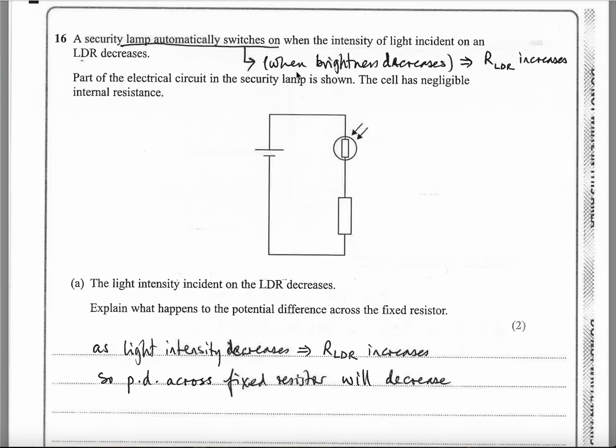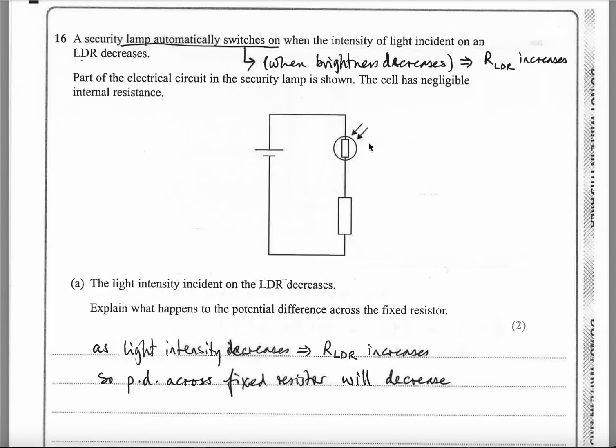And when the brightness or the light intensity increases, more free electrons exist in this material. So it's a kind of semiconductor material which is energized by photons. But they want the light to come on when it gets dark. So imagine the light intensity decreases, the resistance of the LDR increases, okay?